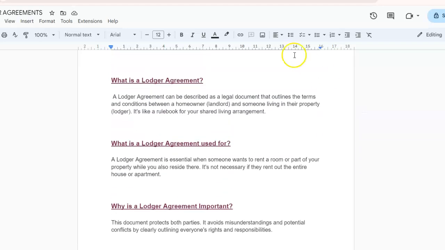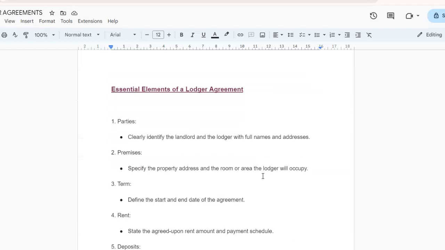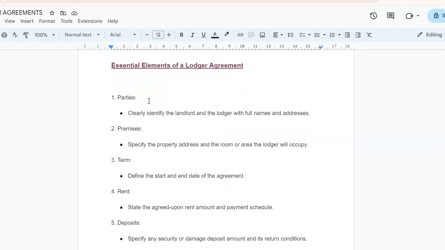So now that we know what a lodger agreement is, the purpose of the lodger agreement and the importance thereof, let's now get into the essential elements that every lodger agreement ought to have. So number one, it must contain a segment for parties. So in this segment, you need to include the names and addresses of both parties.